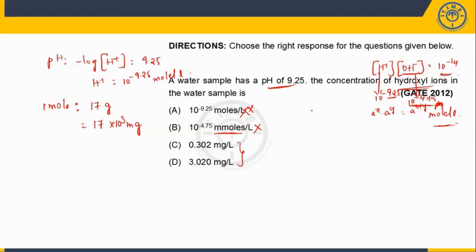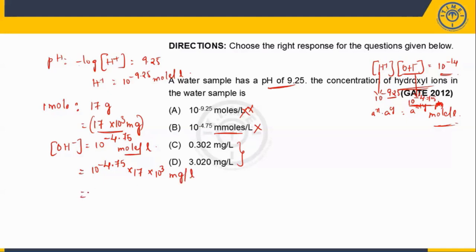Now, OH minus we got as 10 power minus 4.75 mole per liter. But now instead of mole, let's substitute 17 into 10 cube milligram. That is 10 power minus 4.75 into 17 into 10 cube. Instead of mole, I can write milligram per liter.